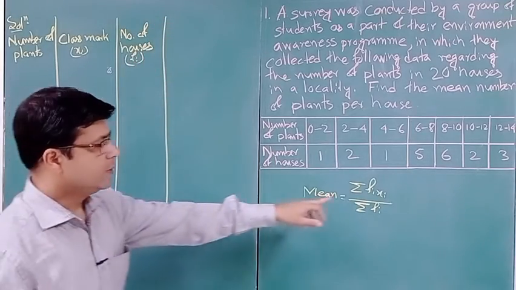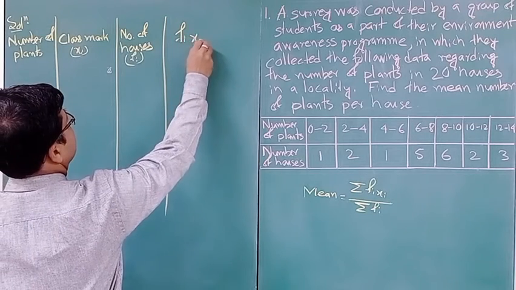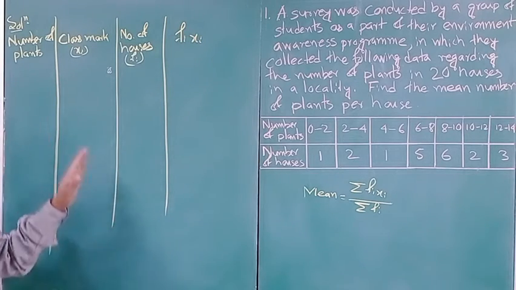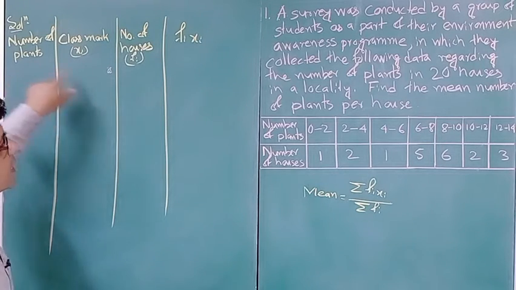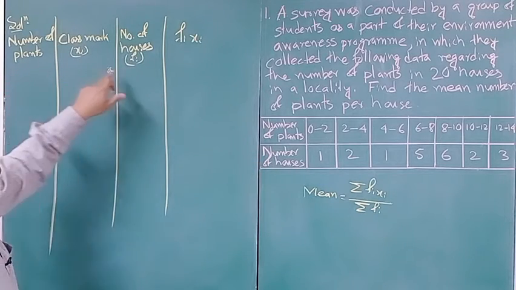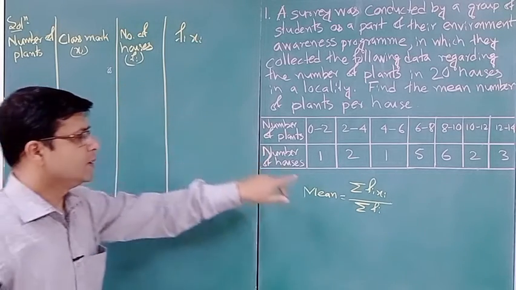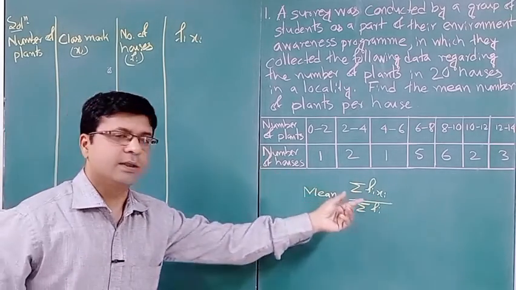Then we need fi into xi. Why are we discussing this? To know how many columns are required. One for the number of plants, another for the number of houses, which are fixed. Then one is required for xi, and one for fi xi.